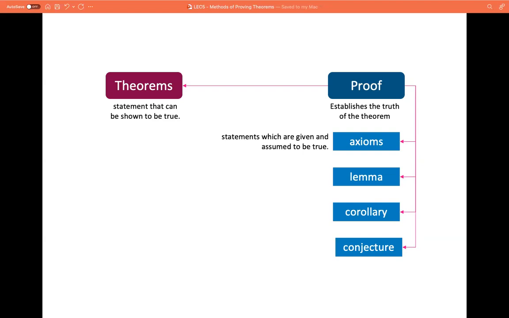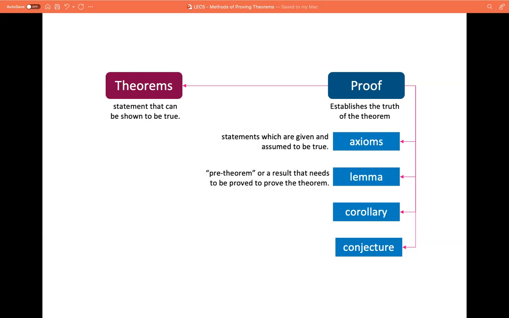When we say axioms, these are statements which we assume to be true. The axioms may use primitive terms that do not require definition, but all other terms used in theorems and their proofs must be defined.